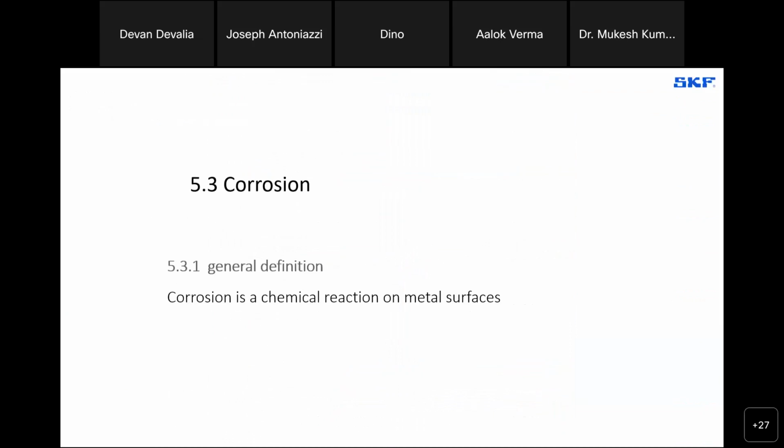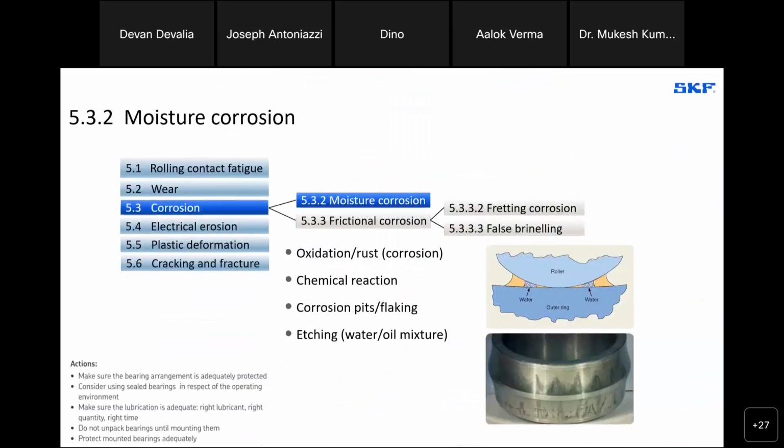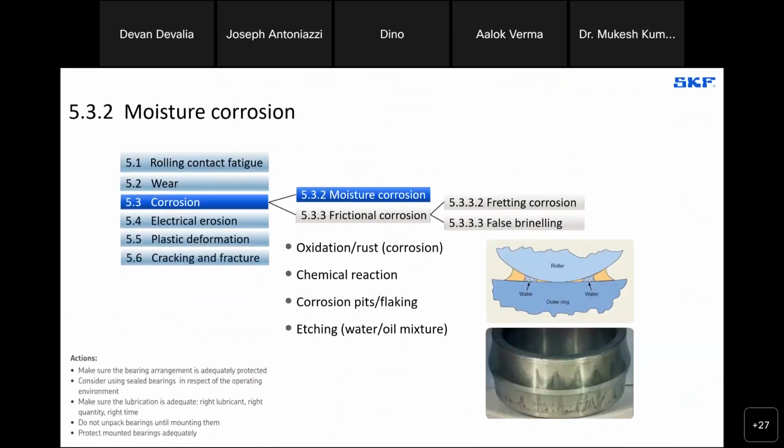Now into corrosion. Corrosion is defined as a chemical reaction on metal surfaces. We start off with moisture corrosion. We work with a lot of industries where there's water sprayed, there's water in the environment, humidity, with the change of seasons, we can have housings breathing, and we end up with condensation inside a housing.